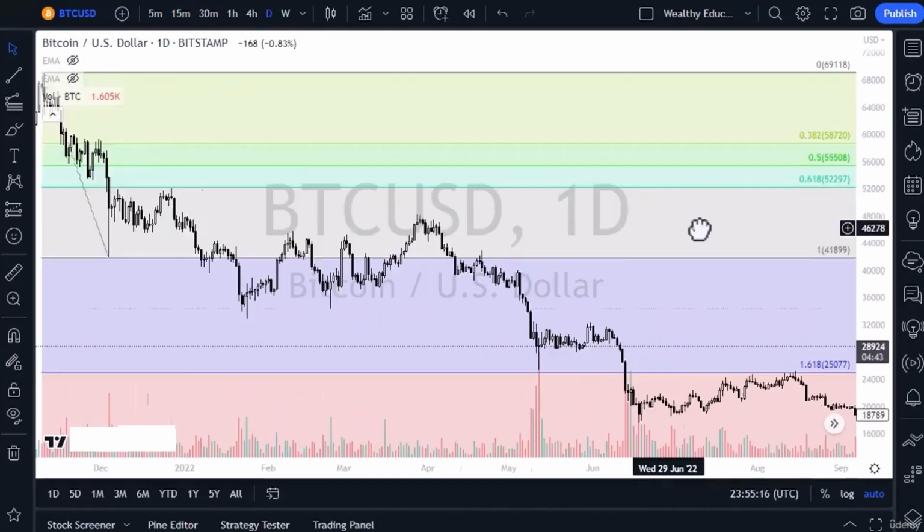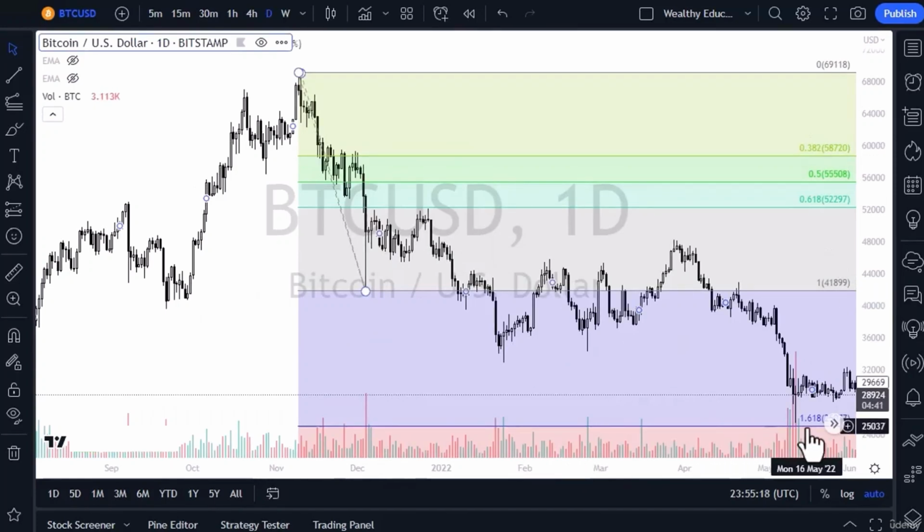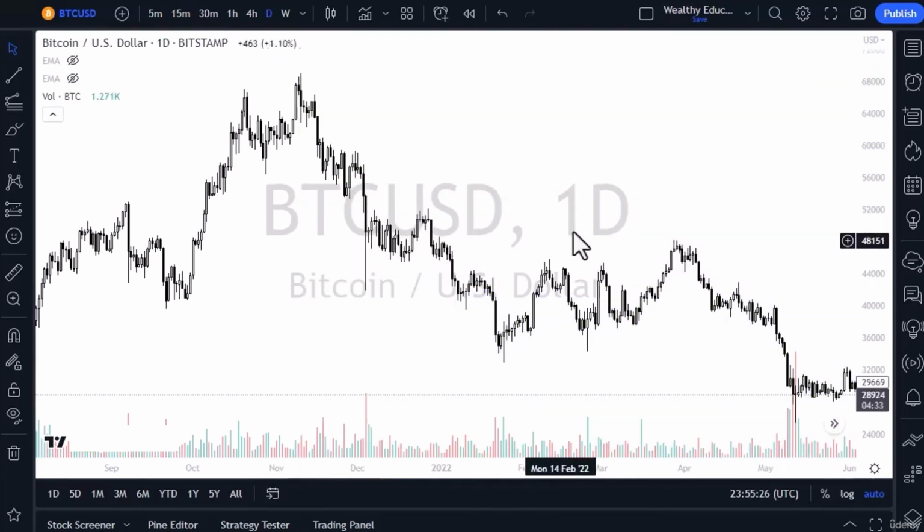And you'll find the further out the extension, this is 1.61, so in other words, it's 61.8% of the move extended. What you'll find is the further you go down the extension ladder, the less likely it is to hit. The reality is fib extensions aren't really used that much, but you will see them from time to time. So that's why they're worth mentioning.